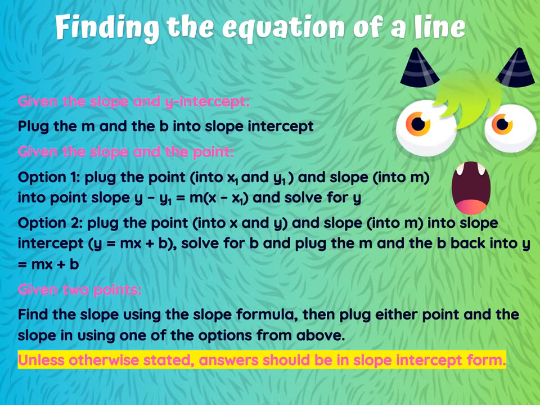Either way, when you're given the slope and a point, you can also be given two ordered pairs or 2 points, and you're going to have to first find the slope using the slope formula, and then you can plug either point, it doesn't matter which one you choose, into either the slope-intercept form of the equation or the point slope.